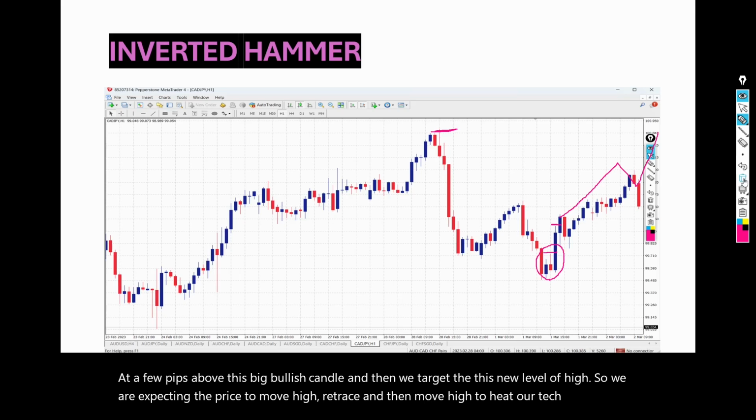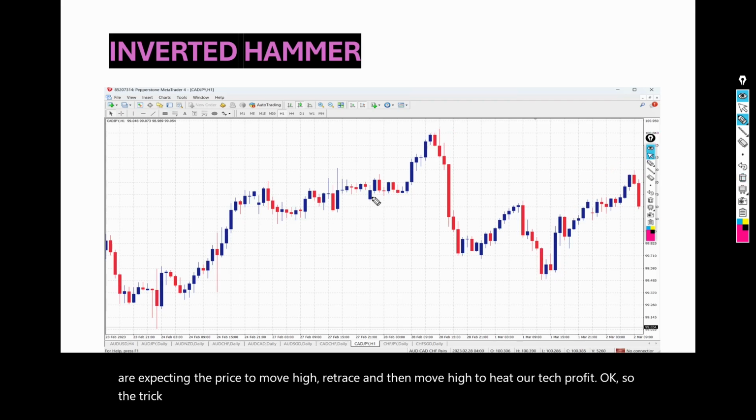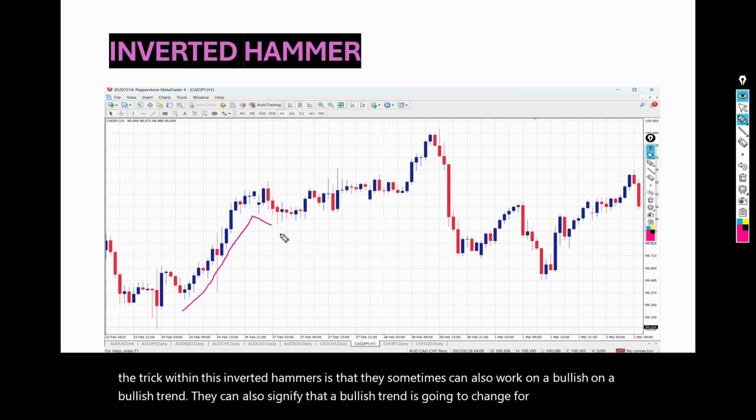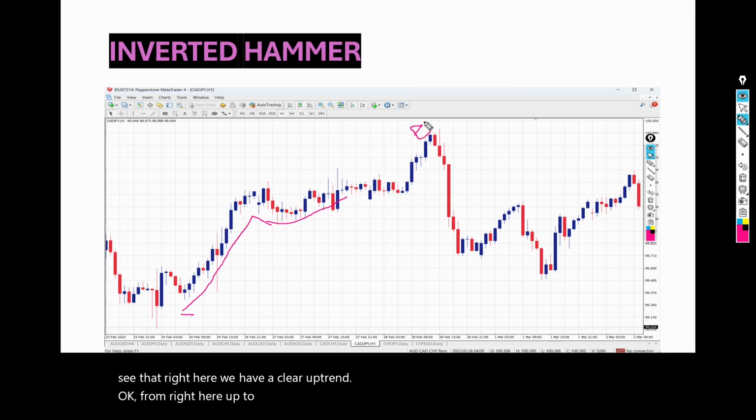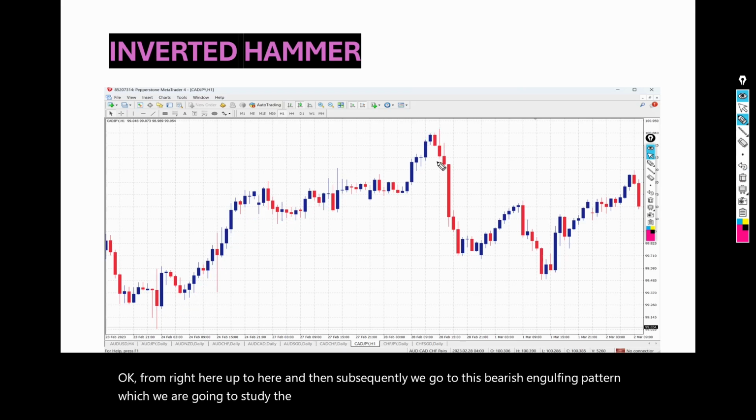So the trick within these inverted hammers is that they sometimes can also work on a bullish trend. They can also signify that a bullish trend is going to change. For example, you can see that right here we have a clear uptrend, from right here up to here, and then subsequently we got this bearish engulfing pattern, which we are going to study in the next videos. But then we have this inverted hammer right here.